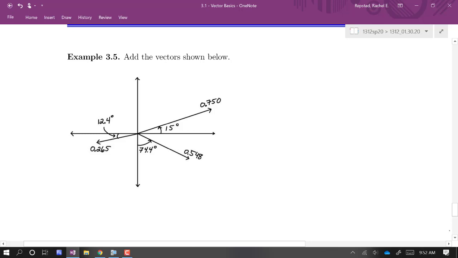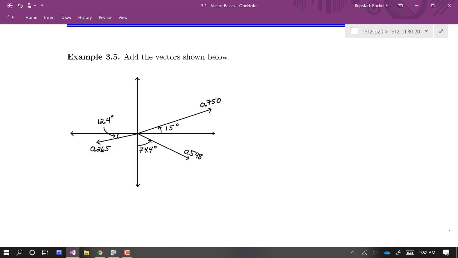All right. Here we've got three vectors to add. We should observe that they've only given us explicitly the angle for one of the vectors. That first quadrant vector we know is a magnitude 0.75 at an angle of 15 degrees. All the other ones, they gave us acute angles measured from some reference.